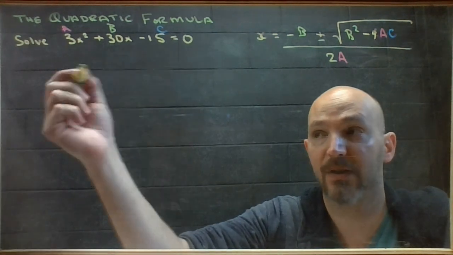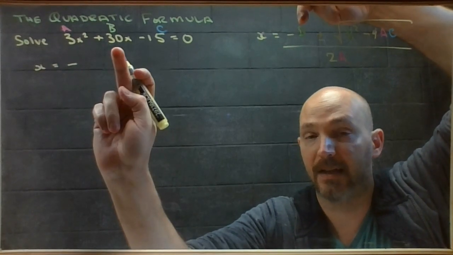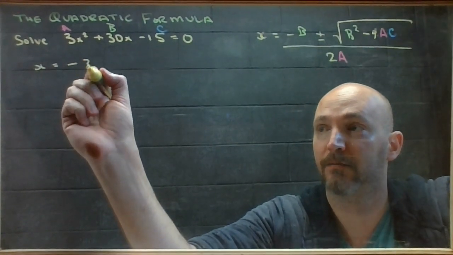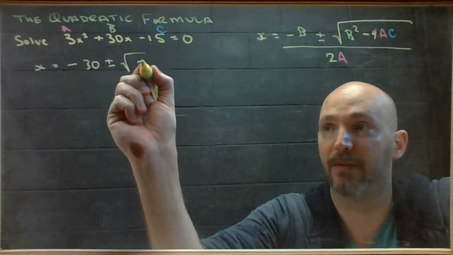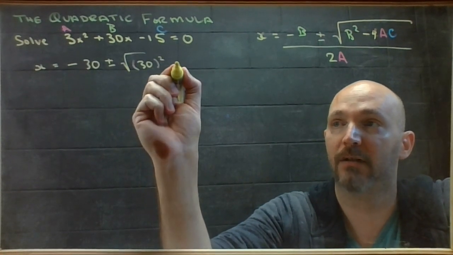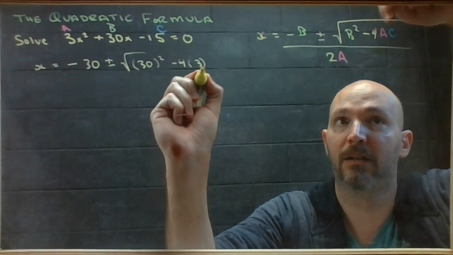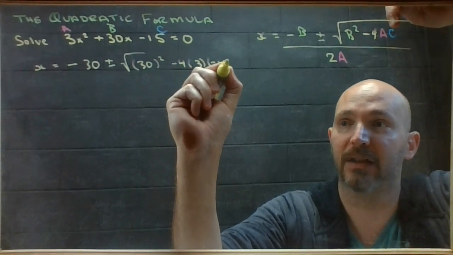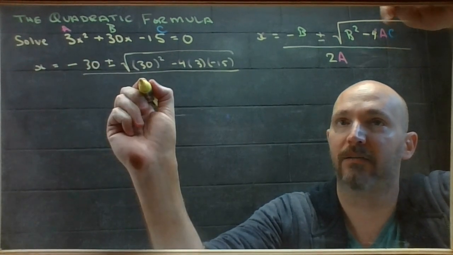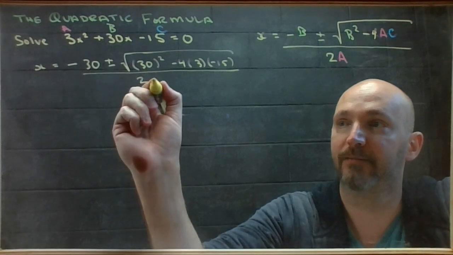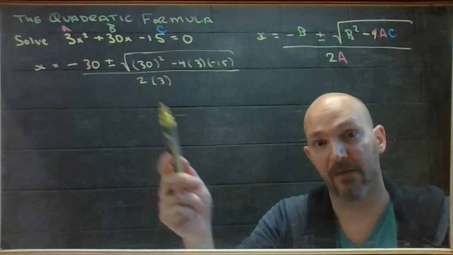So the solution to this would be x equals the B value, that's here, but negative, plus or minus the B value squared, so that would be 30 squared, minus 4 times the A value, that's 3, multiplied by the C value, which is negative 15, all divided by 2 times the A value, which is 3. So there's your model, shove in the numbers.